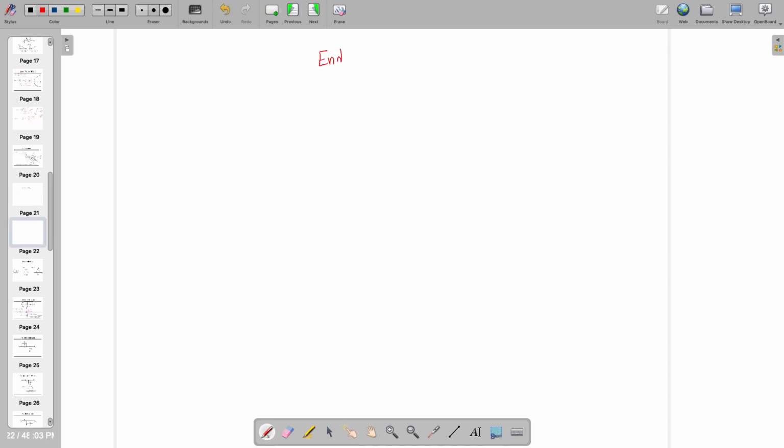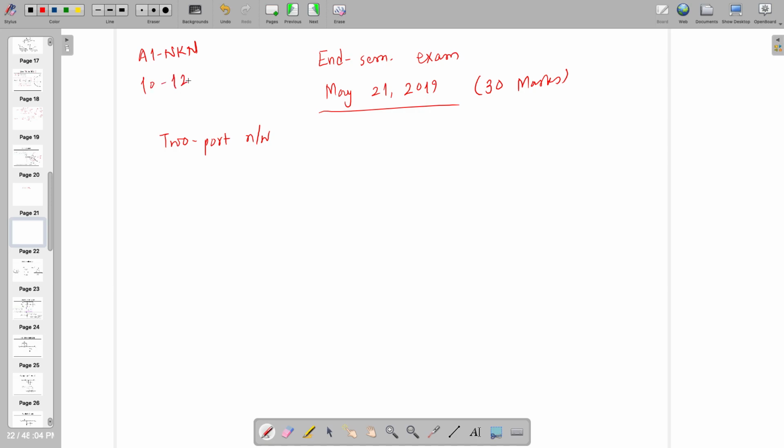End semester exam is on May 21st, 2019. Syllabus is two-port network. This is of 30 marks, right? A1 NKN from 10 to 12, right?